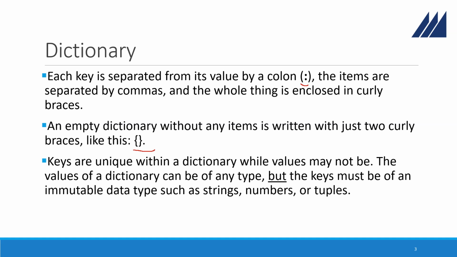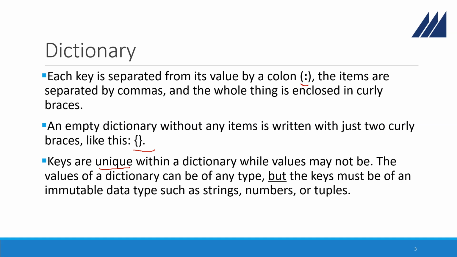Okay. There's one important thing when it comes to the keys and values of a dictionary. Values have no restrictions. You can repeat the values inside the dictionary, but the keys are a little bit more picky. First, they need to be unique. If you use a key inside a dictionary, you cannot use the same key in the same dictionary again.